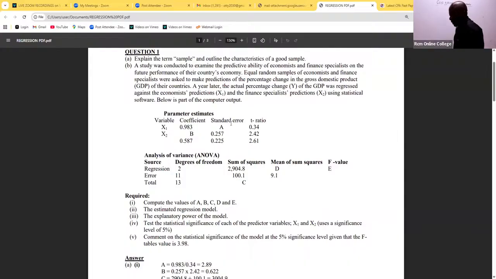So we have here the parameters table. I have the variable, I have a coefficient, I have standard error, and we have the T ratio.